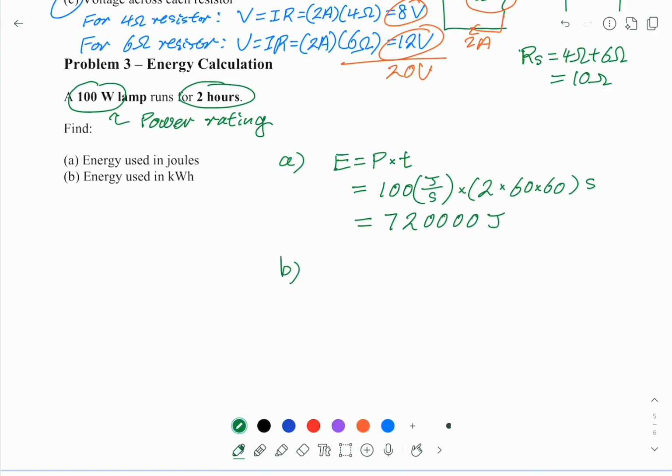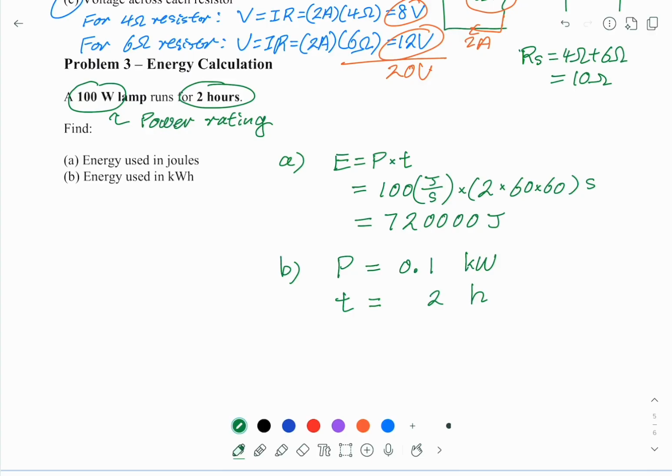Part B, energy in kilowatt hour. So first we have to express our power here in kilowatt. 100 watt means 0.1 kilowatt. And now we express the time in hour, 2 hours.